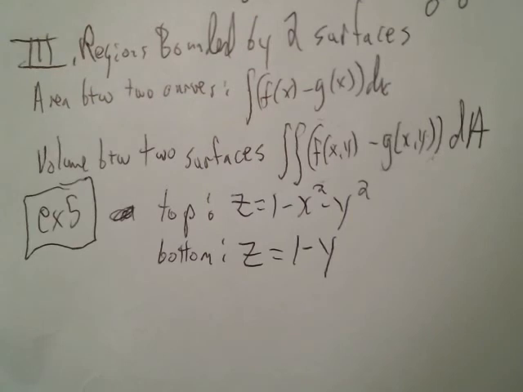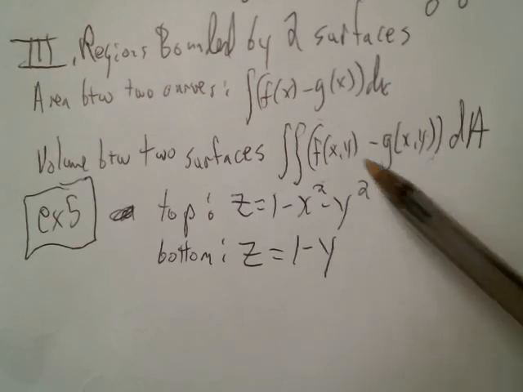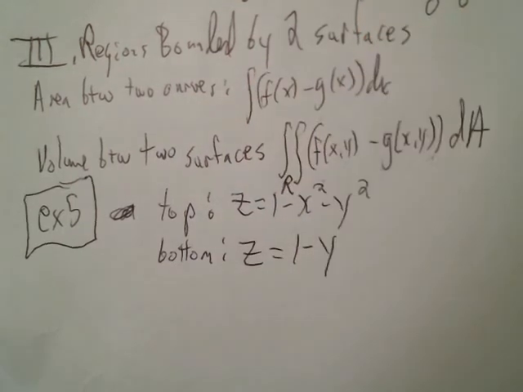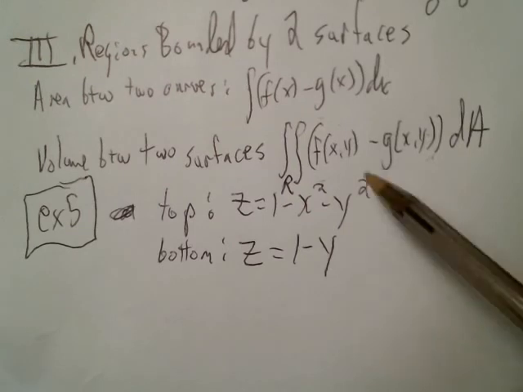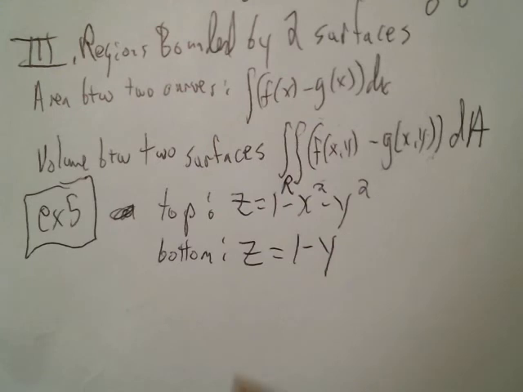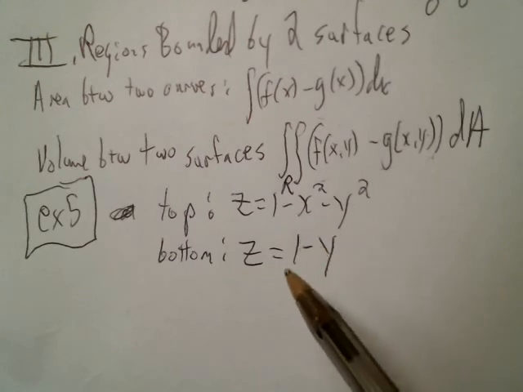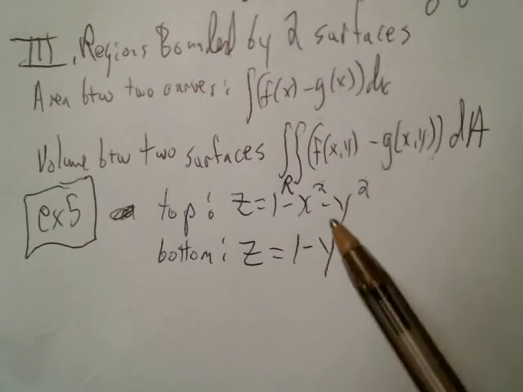To find the region that we're integrating over top of, this R region, what I'm going to do is project the intersection of these two surfaces into the xy plane. So the intersection of these two surfaces is a cylinder.